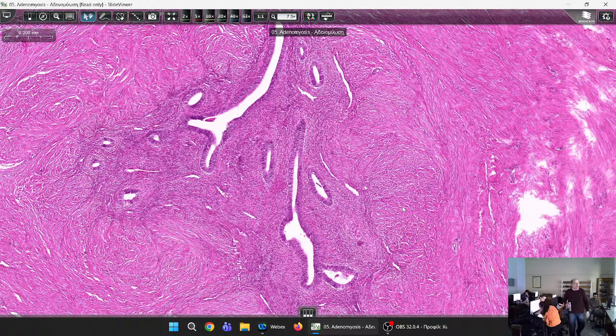So, how can you make the differential diagnosis between an ectopic presence of endometrial tissue and cancer? You see the stroma. If the stroma is normal, cancer is ruled out. And why do I stress the stroma so much? I stress it because there is some sort of atypical hyperplasia of the endometrium, which looks like cancer, endometrioid type, as we said in the lesson.